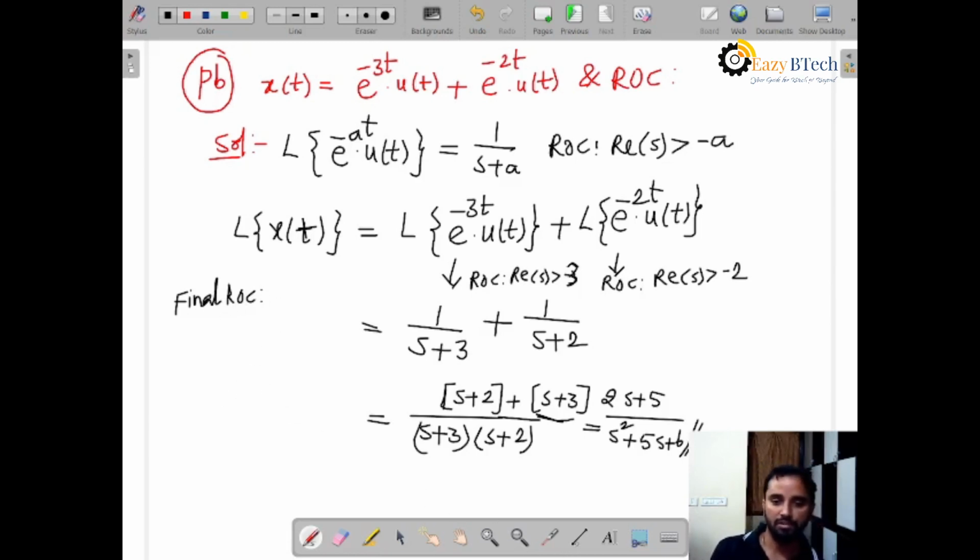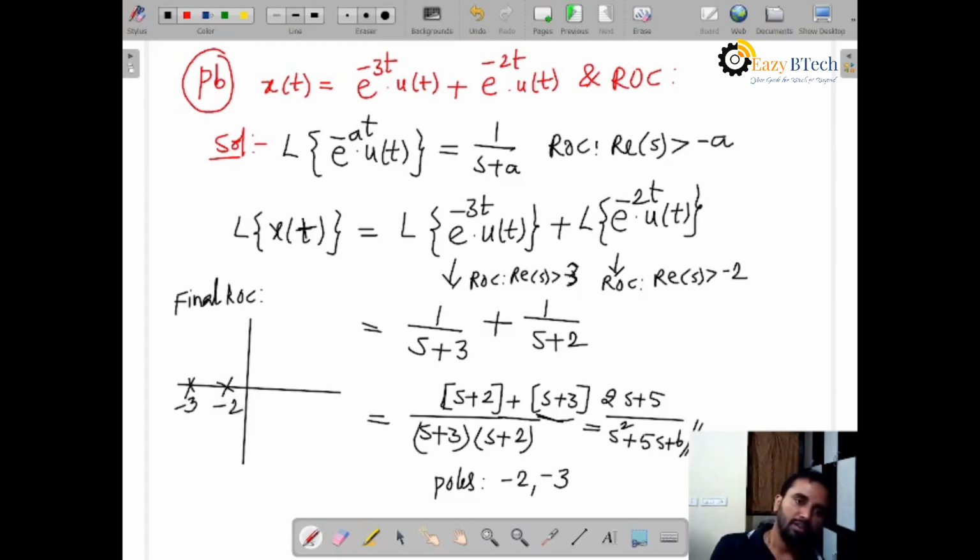So if you observe, I am plotting two ROCs. Here we have two poles, minus 2 and minus 3. So take two poles, minus 2 and minus 3. Right? And we have two ROCs.